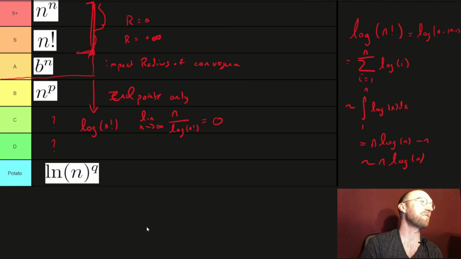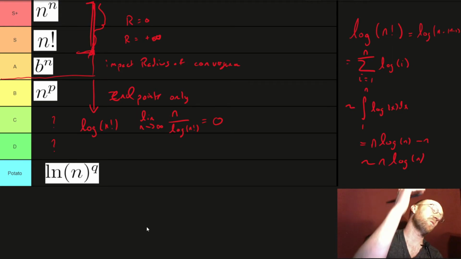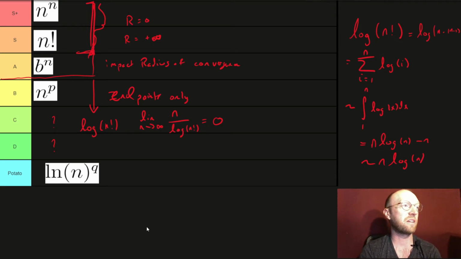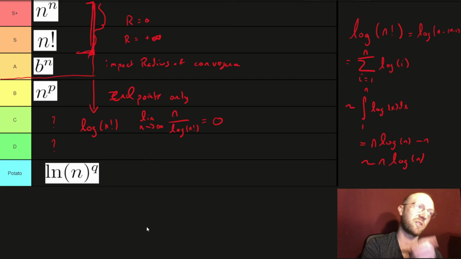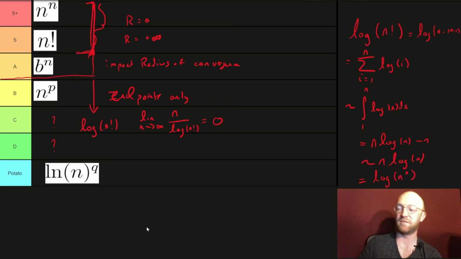We don't quite get those values of p above 1, but we at least beat the linear. But here's what's crazy, going back to how much of a potato the log is. What is n log n? n log n is log of n to the n.